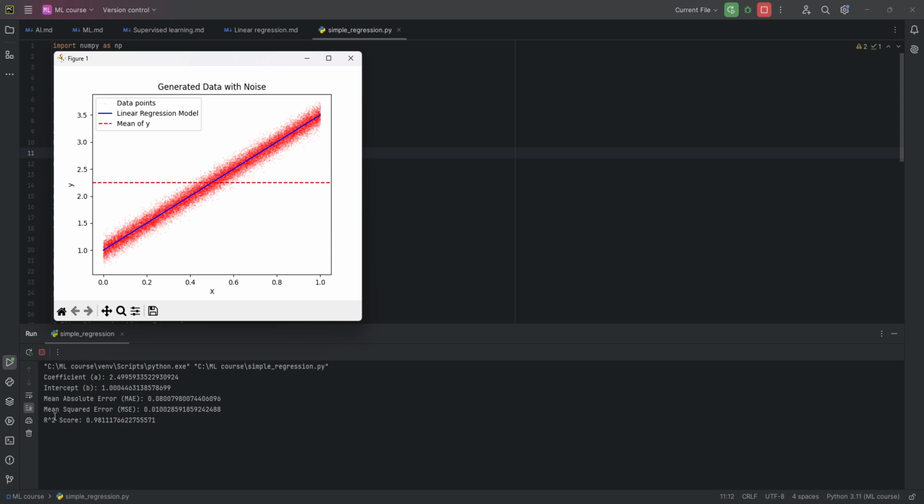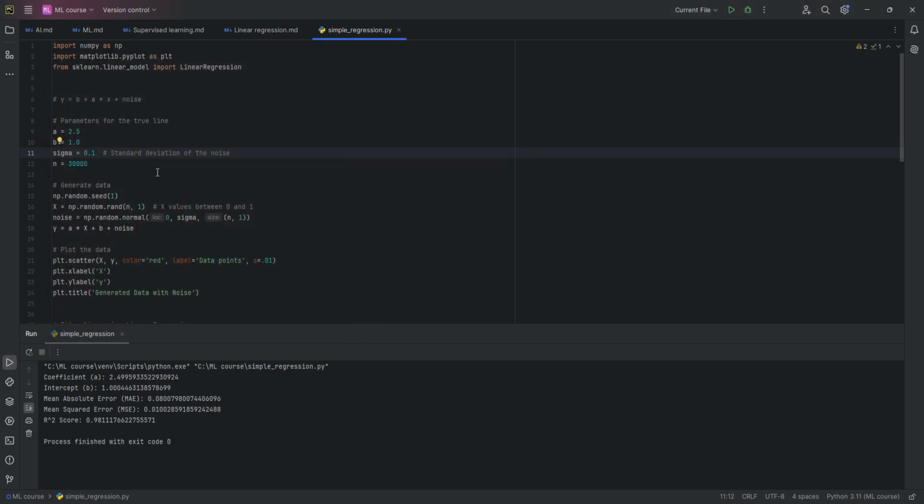So 98% of the total variance can be explained by this model, and you can see in the figure that it is a very good fit right now. And that's how it is when the noise is small.